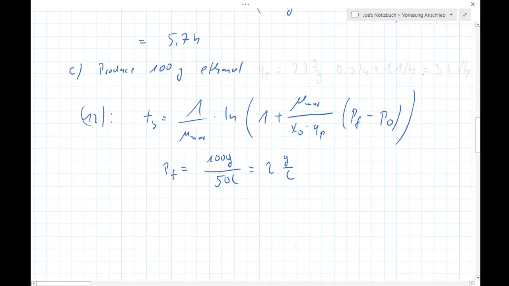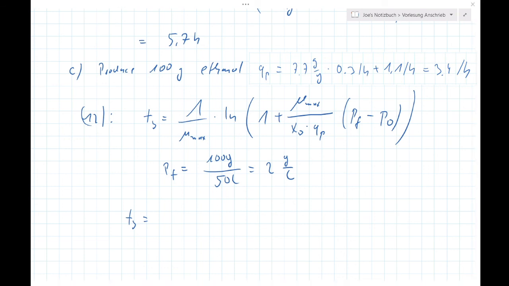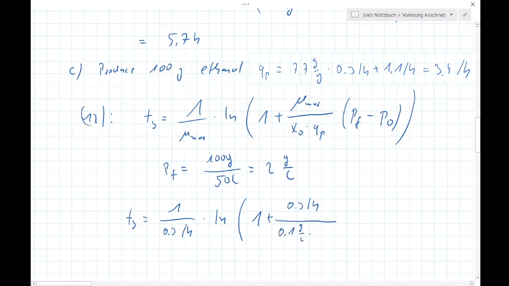And then we can start. Therefore, TB is equal to 1 divided by 0.3 per hour fold ln 1 plus, again 0.3 per hour, divided by x0, which is again 0.1 grams per liter, fold our QP, which is 3.4 per hour.